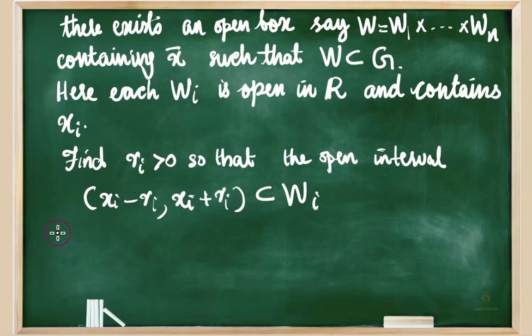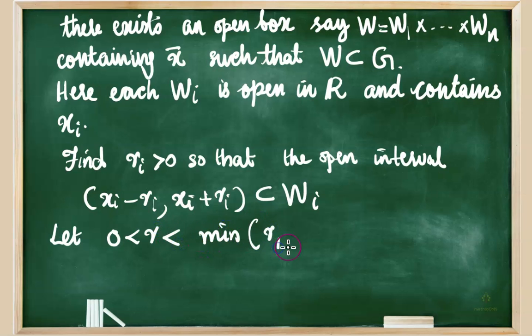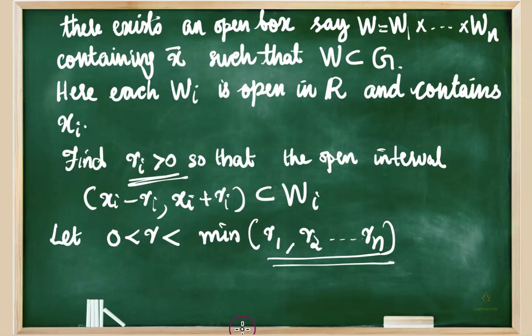Now, let 0 be less than R less than the minimum of these real numbers R1, R2 etc. Rn. Since each of these Ri's is greater than 0, the minimum of these n positive real numbers will be strictly greater than 0. So, we will be able to find an R which lies in between the two numbers 0 and the minimum.